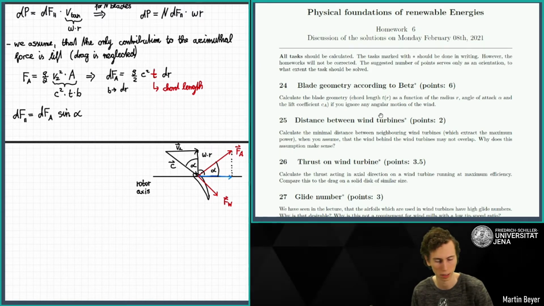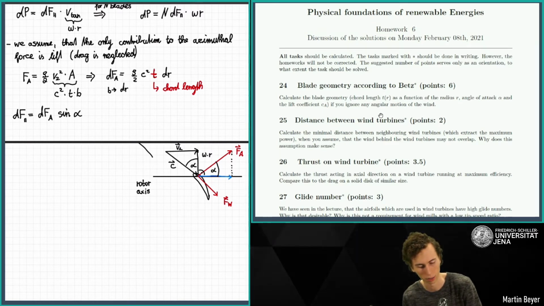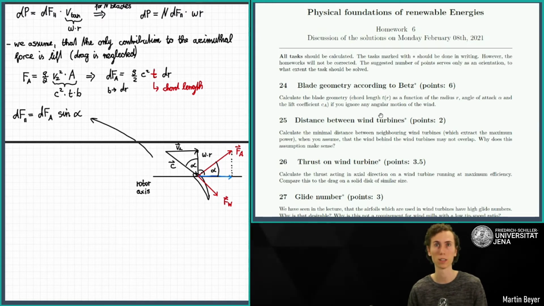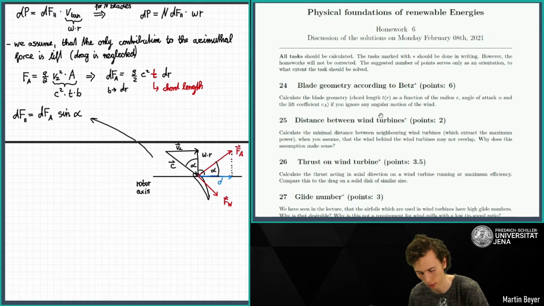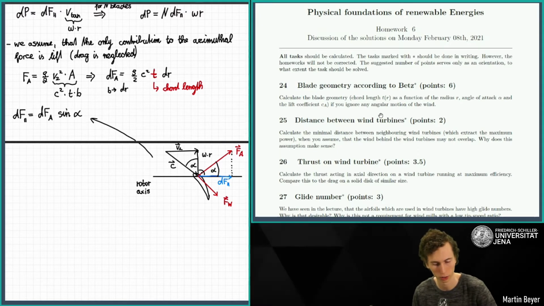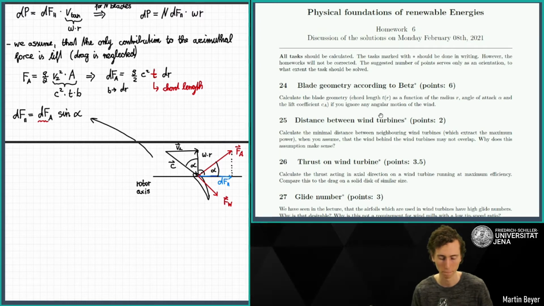From this figure, we can see that our parallel force is just the sine of alpha times Fa. So let's write this down: dF parallel is this. And the red one was the lift, the total lift.